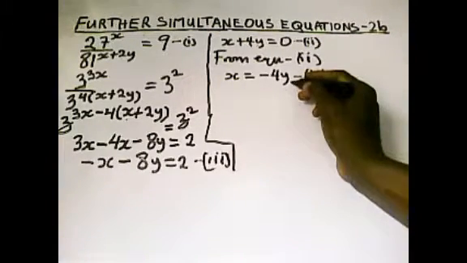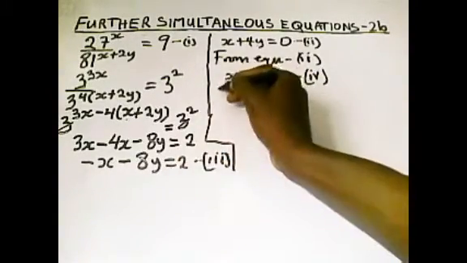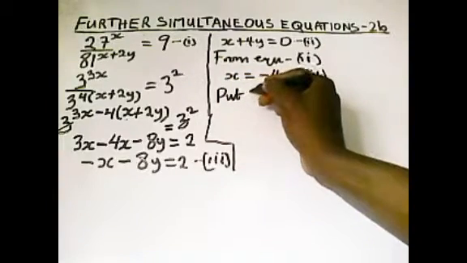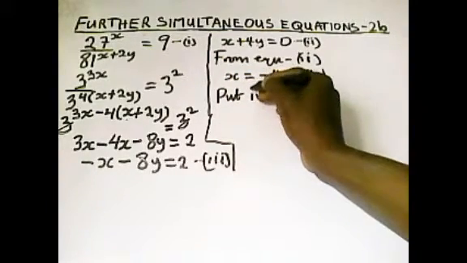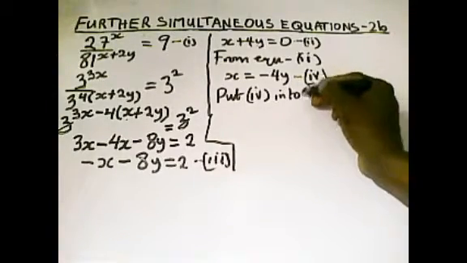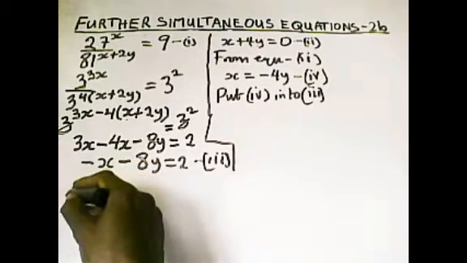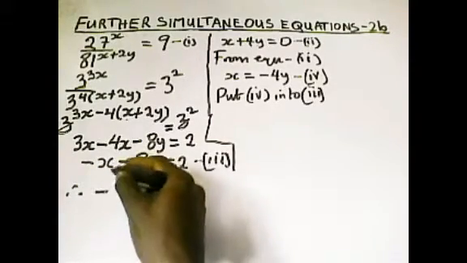We are going to put this equation 4 into equation 3 so that we can solve for the value of y. So we say put 4 into 3. Now in equation 3 we have minus x.